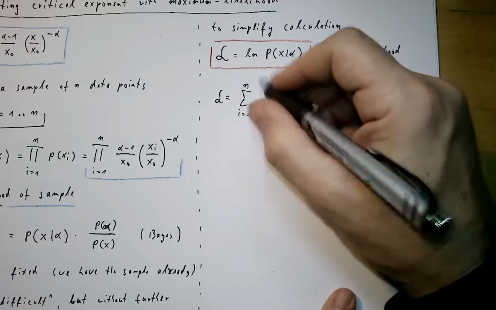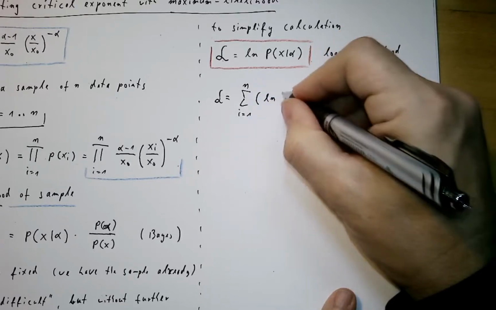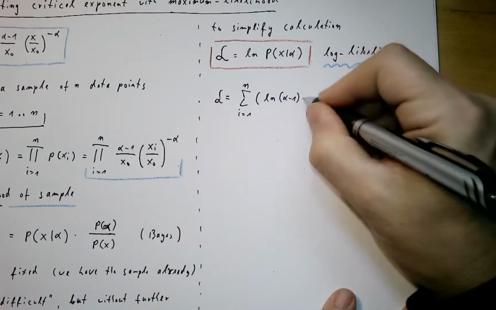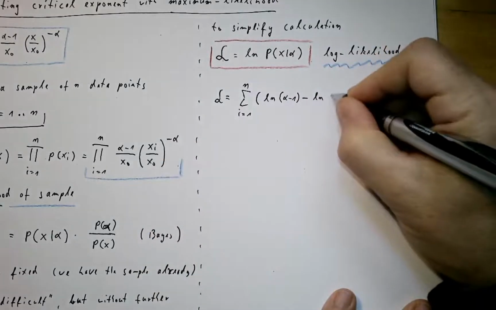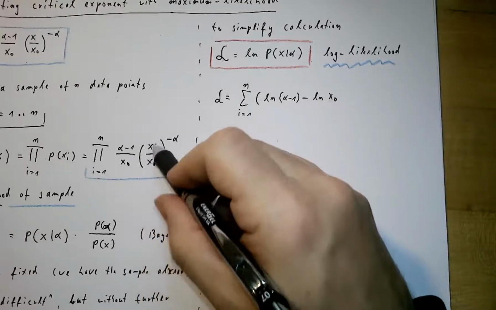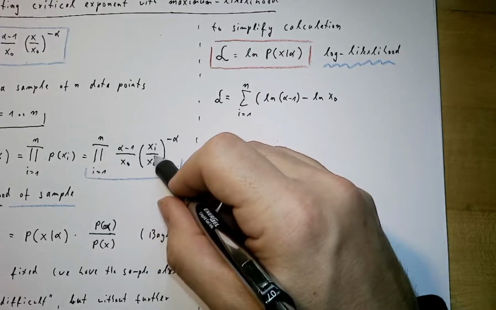So we have here the logarithm of alpha minus 1, then minus the logarithm of x naught, and now the logarithm of something to a power is the power times the logarithm.